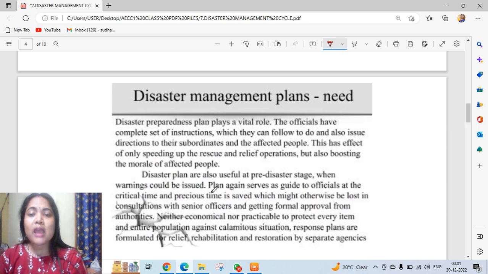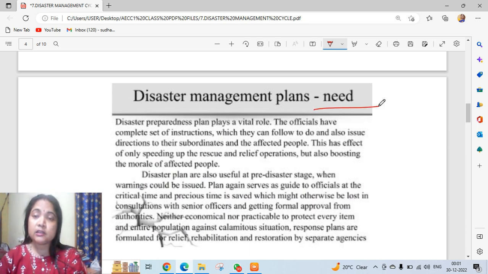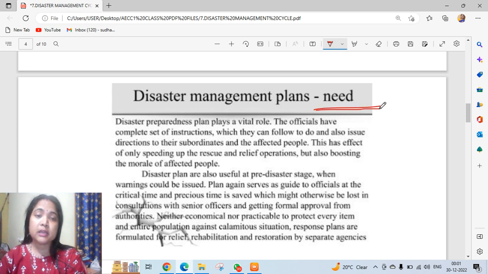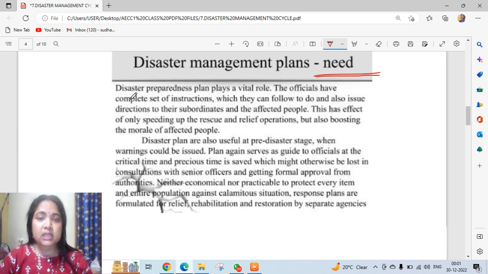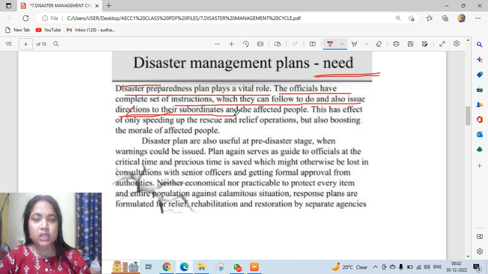Then why do we need disaster management plans? What is the need of a disaster management plan? So the disaster preparedness plan plays a vital role. The officials have a complete set of instructions which they can follow to do and also issue directions to their subordinates, means their lower staff, and the affected people.